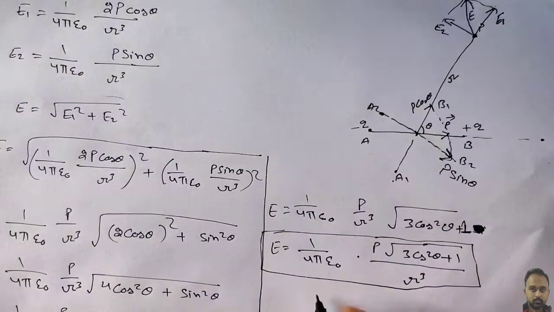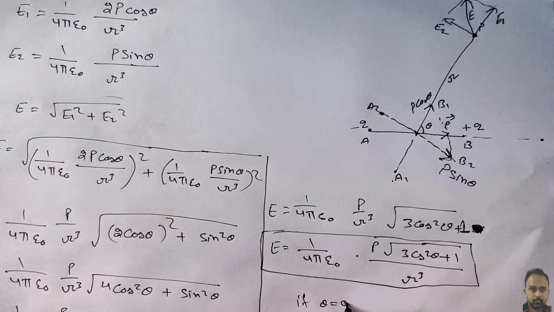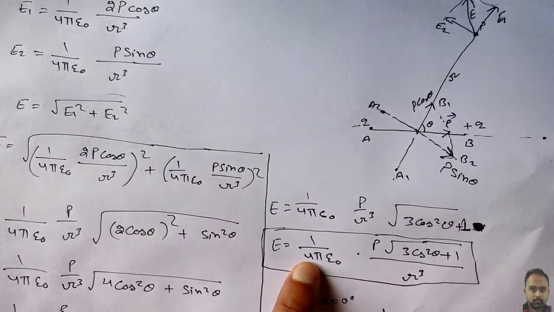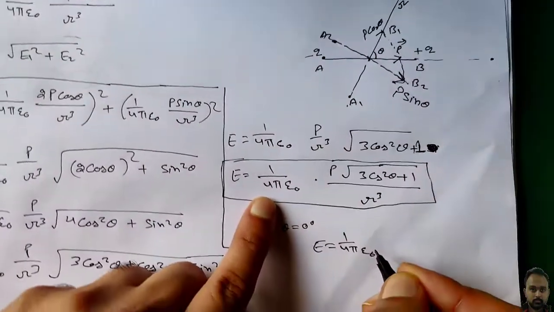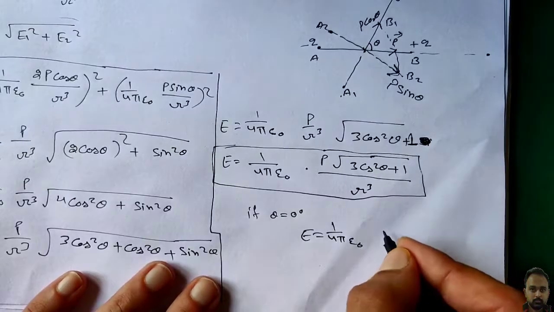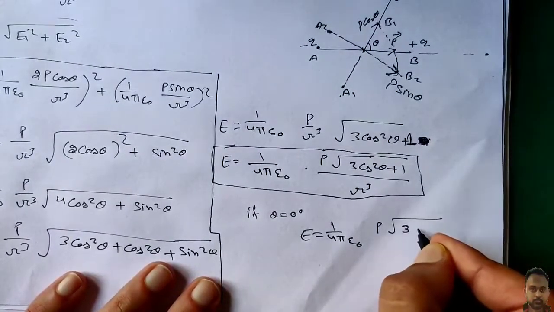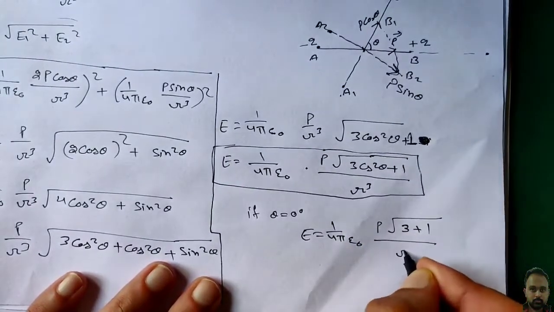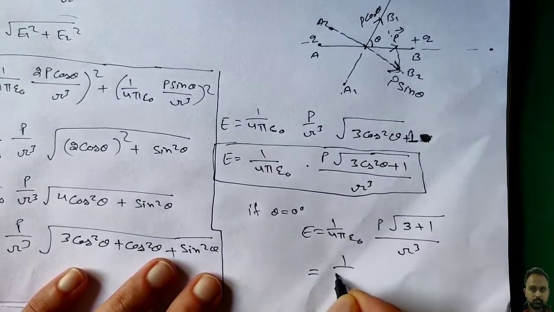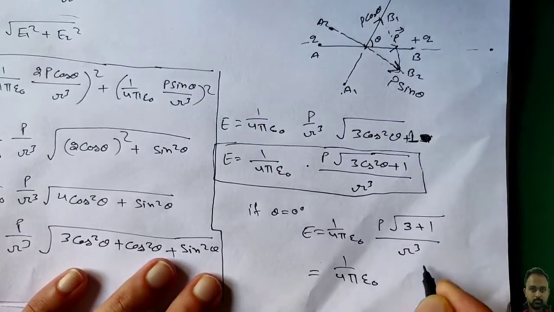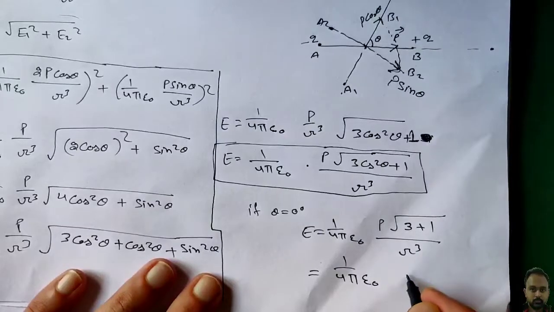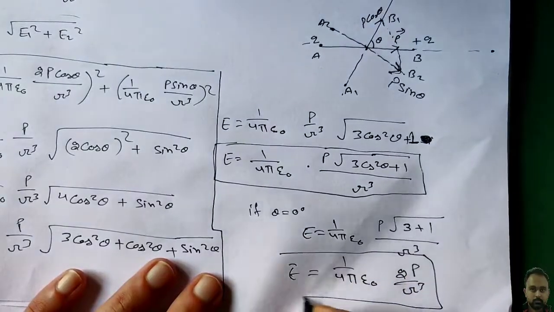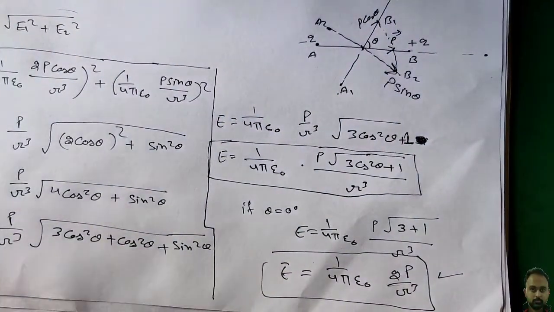So if theta is equal to 0 degree, then E will become 1 over 4 pi epsilon naught p under root 3 plus 1 over r cube. 3 plus 1 is 4 and under root 4 is 2, so 2p over r cube, which is the result of axial line, so our result is true.